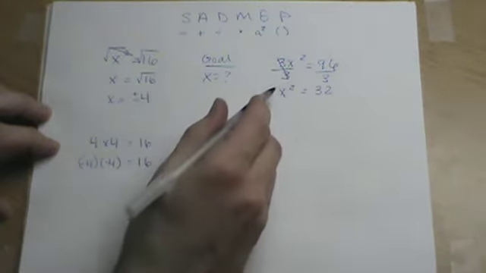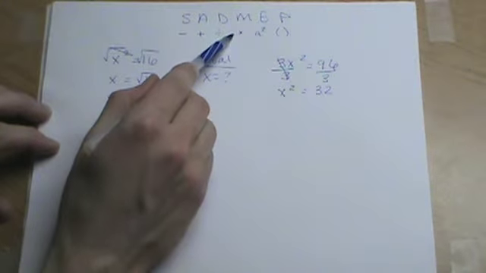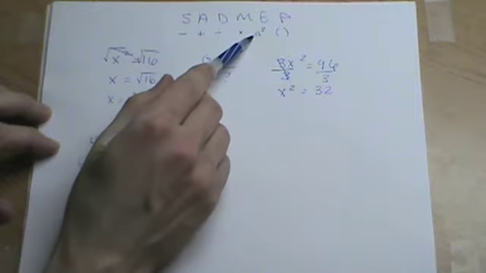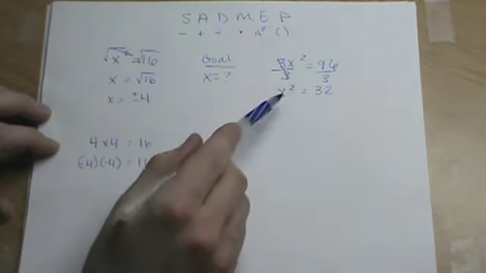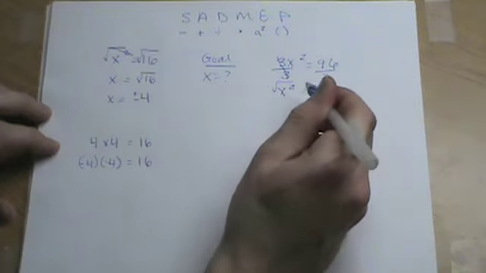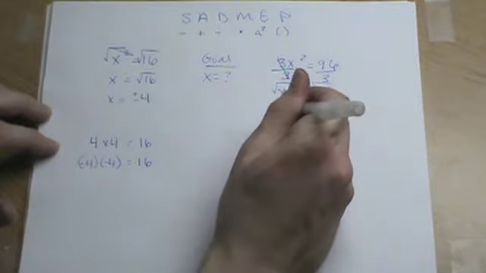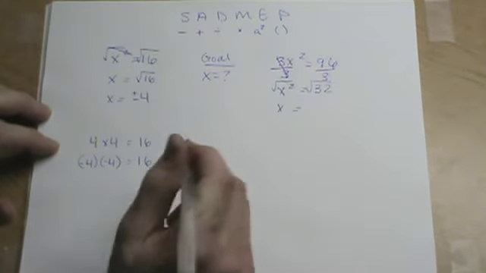Okay? Lastly, we did our multiplication. Now we move on to the E, exponents. Do we have exponents? Yeah, we do. We have it right here, x squared. So to get rid of the exponent, we square root both sides. The square root cancels with the square, so we're left with x on this side, just like we want.